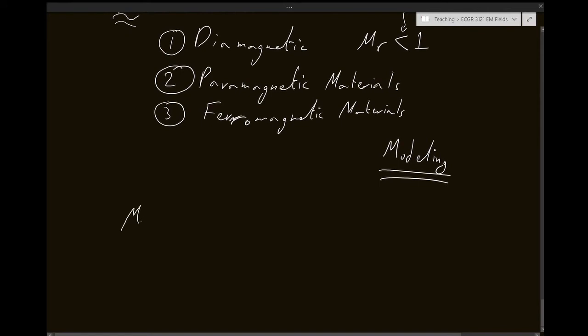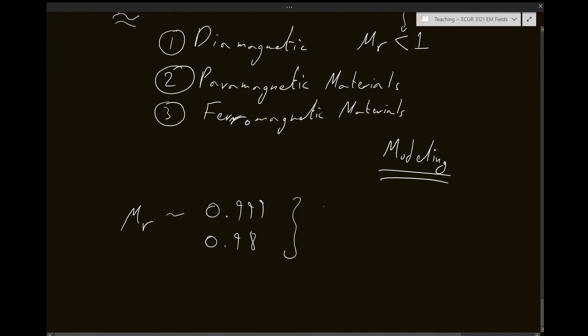So if mu r, let's say, is around 0.999, or 0.98 or something like that. So whenever you see relative permeability that's slightly less than 1, that tells you that this is a diamagnetic material.